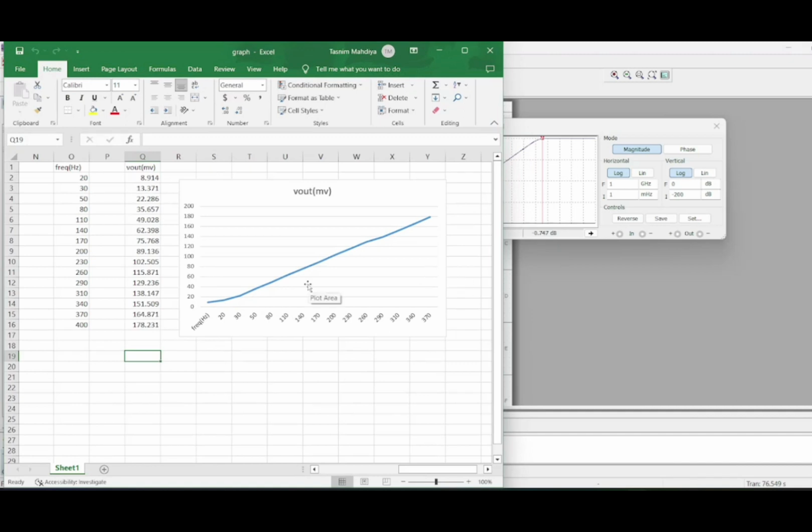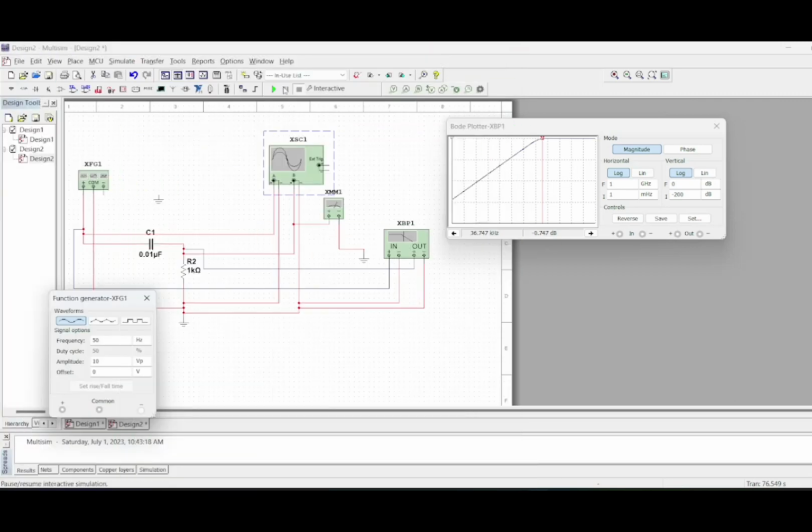For these different frequencies, we have got this graph. Also you can see that after a certain point this signal keeps increasing. So this is the graph for our passive high pass filter.